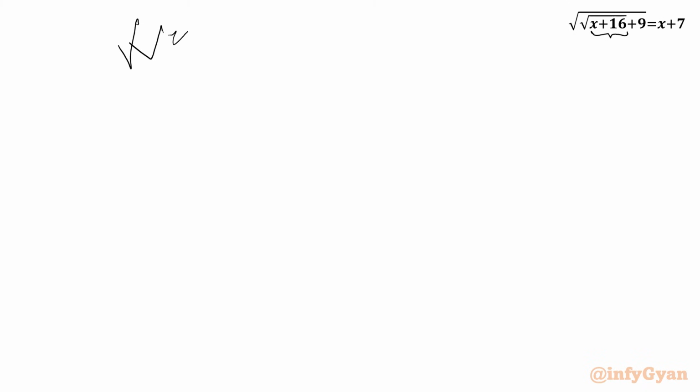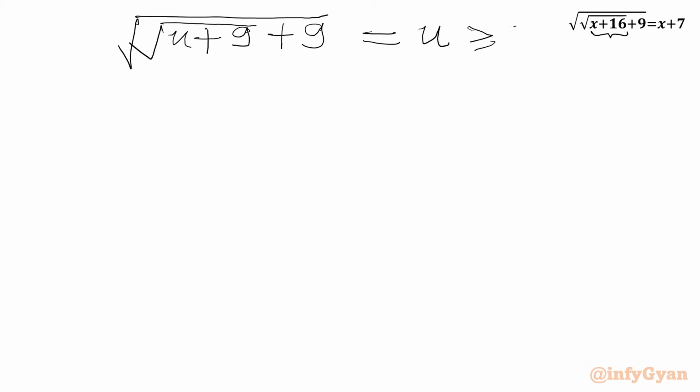If I will write here, let me write square root of square root u plus 9. Then we have square root, then we have plus 9, and in RHS we have u. We have square root in the LHS, so u must be greater than or equal to 0 as per our RHS.